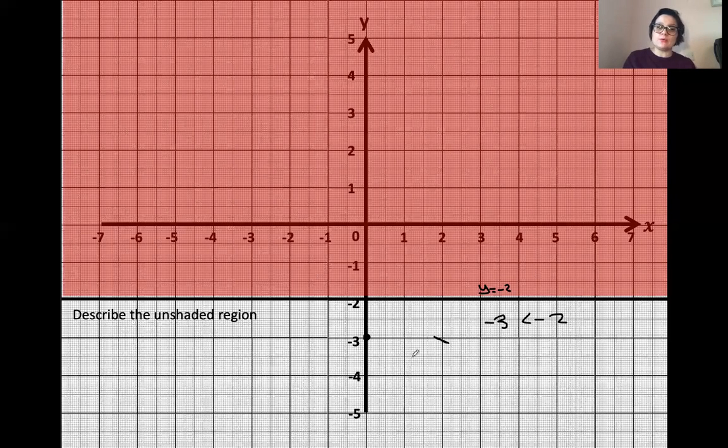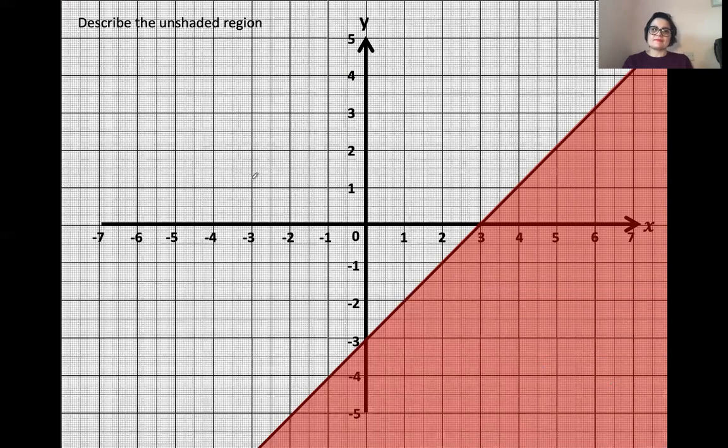So the inequality, because I'm dealing with a solid line as well, is going to be y smaller than or equal to -2. Here you go. Just like that.